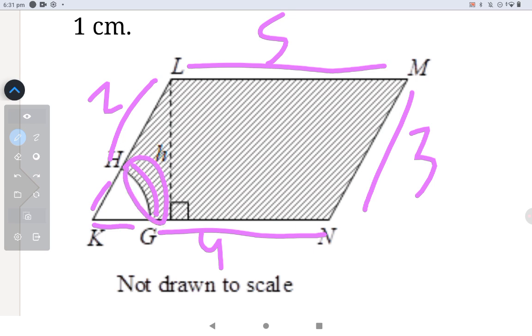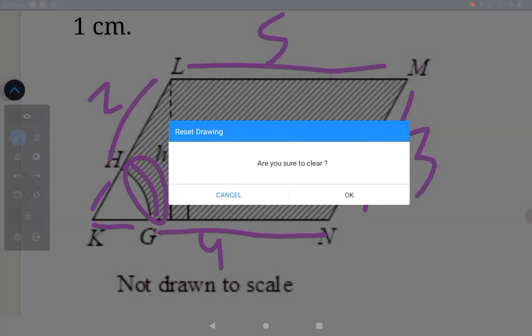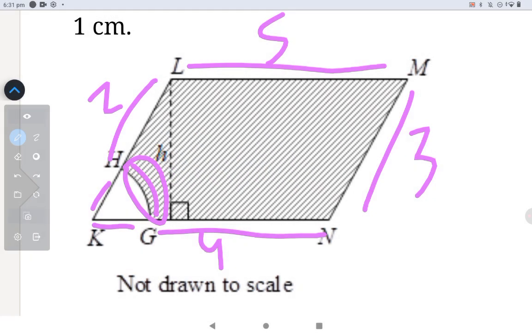We just need to find this one over here, which is known as the length of the sector. And how do we find the length? Like I said, it's the circumference of a circle multiplied by theta over 360. First, let's add these up: 2 plus 5 plus 3 plus 4 gives you 14.